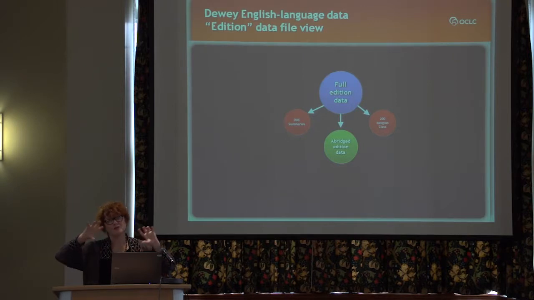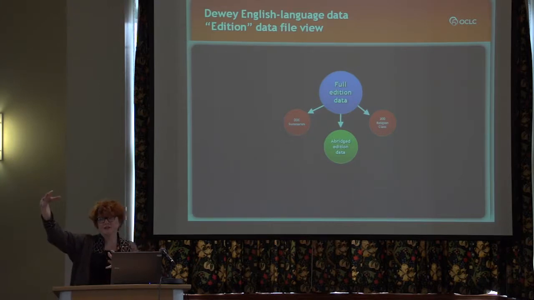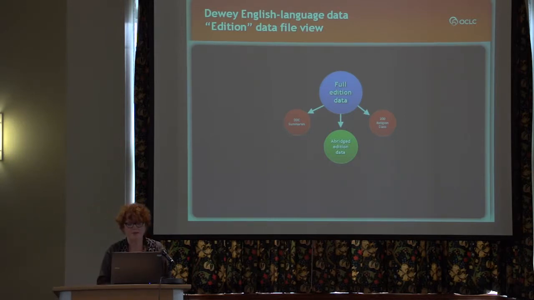And then we also have two other editions that we take out of this database. One is this 200 religion class separate, which is a special religion edition that's used in church, synagogue, and mosque libraries. And then we have the top levels of the DDC that we make widely available. These are called the DDC summaries.